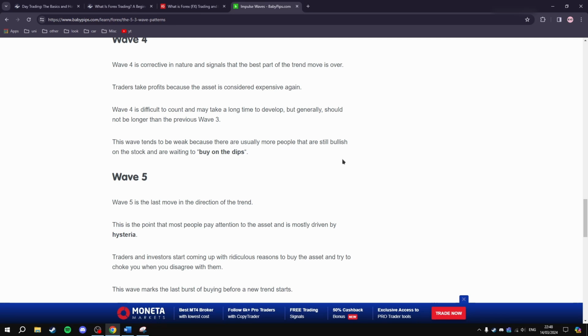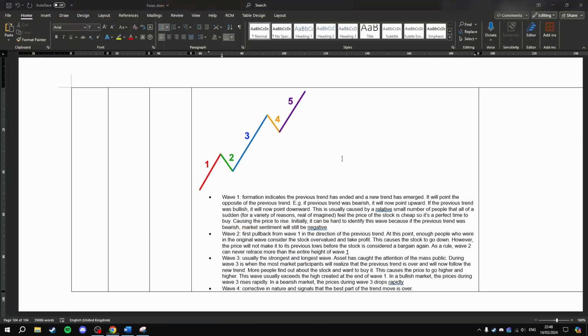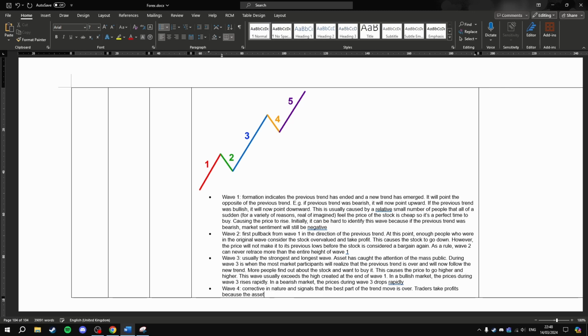Traders take profits because the asset is considered expensive again.